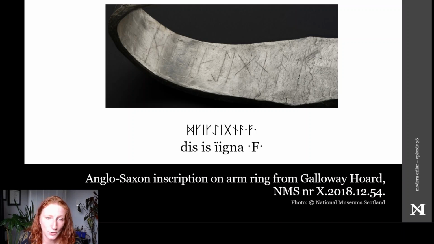A new translation by Dr. David Parsons' team, released in February 2025, indicates that the ring represented the wealth of the Hegna, or the community, with wealth again represented by the Feo rune, again set off by division marks, and you can probably see the points in the photograph of the arm ring.